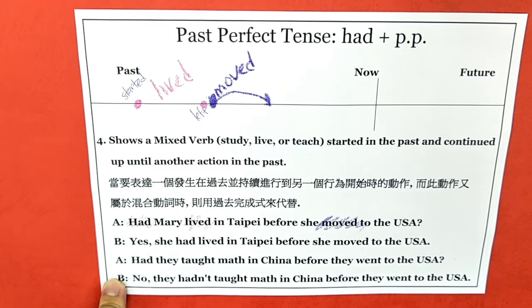See, I could use the simple past. I like the past perfect better, but you could also use the simple past. All right, very good. Okay, exercise 2. Use the past perfect and simple past to make negative sentences.